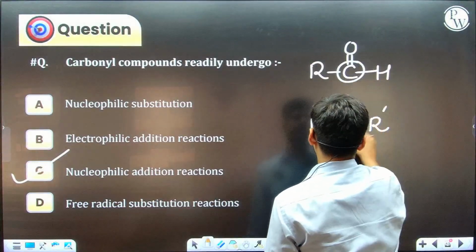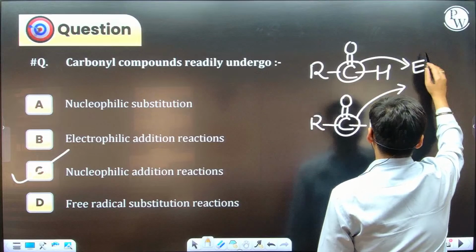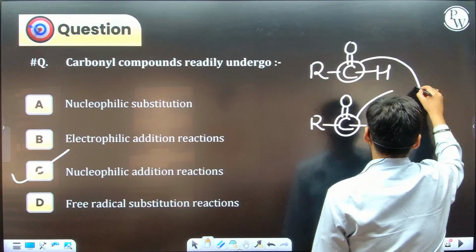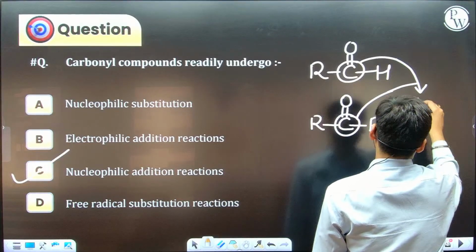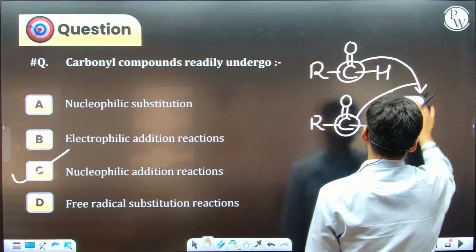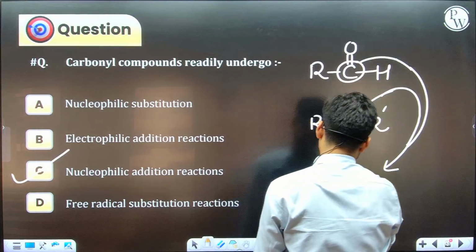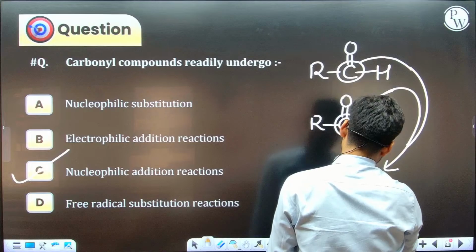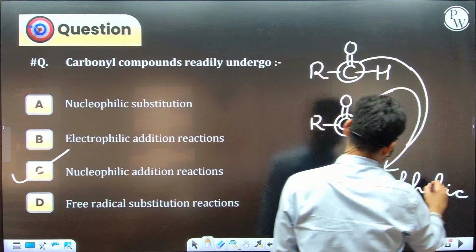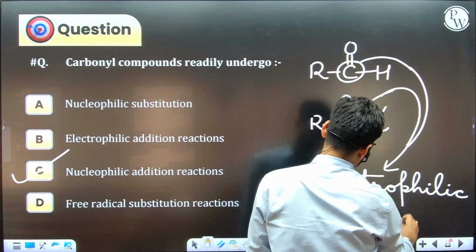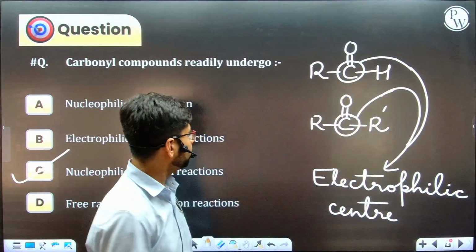You will say this is the electrophilic center. So the carbonyl carbon is acting as the electrophilic center. Hence, nucleophiles attack the electrophilic center.